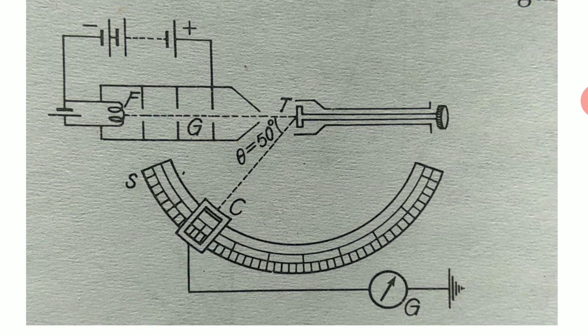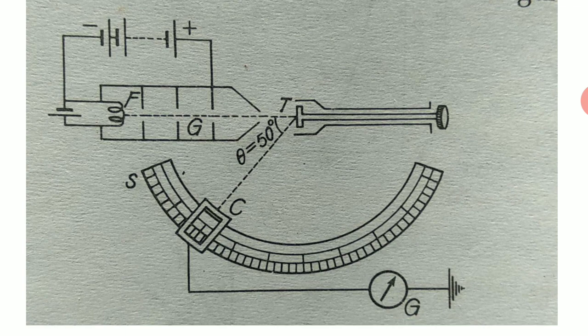These electrons are accelerated by a high tension battery, and the whole arrangement is called the electron gun, denoted by G. The narrow beam of electrons is directed on a target P. The reflected beam of electron waves is received by a Faraday cylinder C, which is connected to the galvanometer G for the detection of electrons as shown in the diagram.